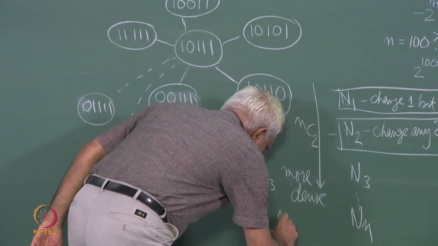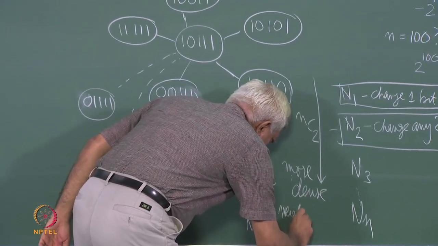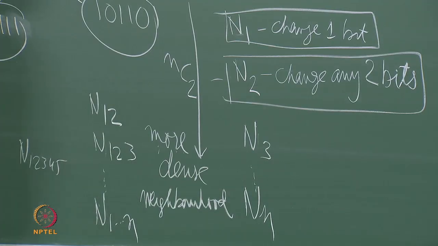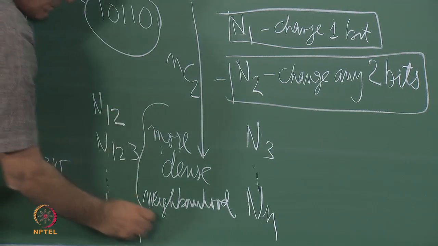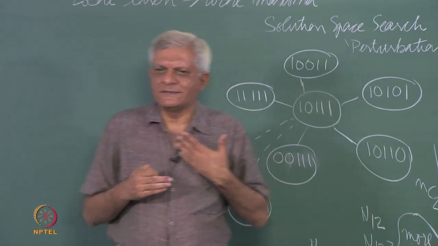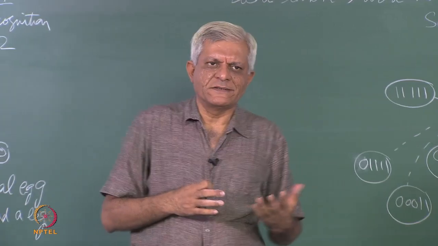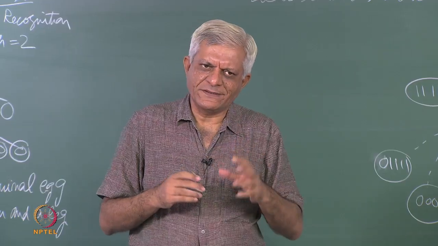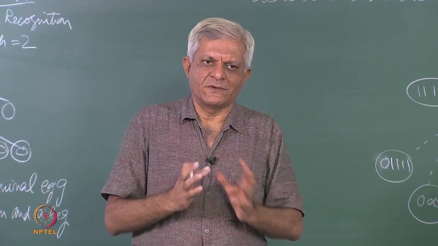So, I can choose a sequence of neighborhood functions which are increasingly dense, which means they give me denser and denser neighborhoods.